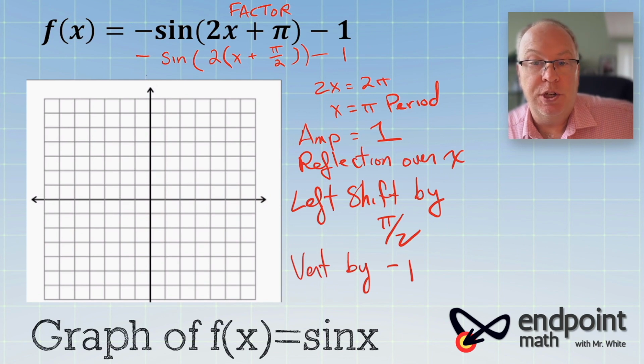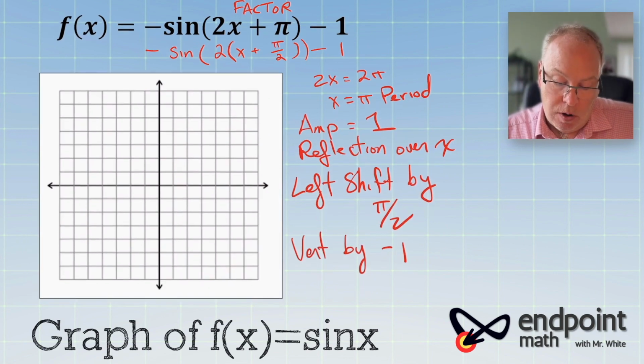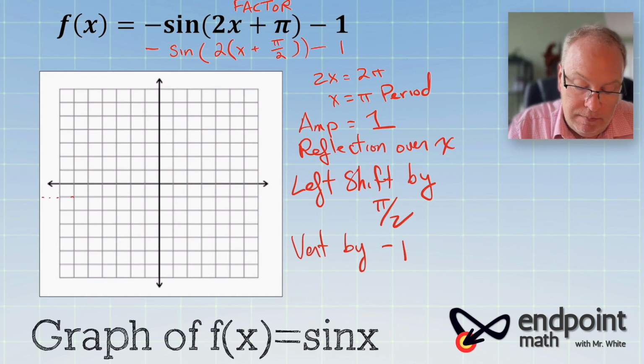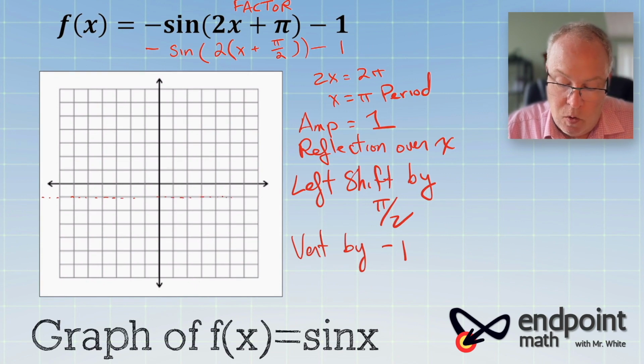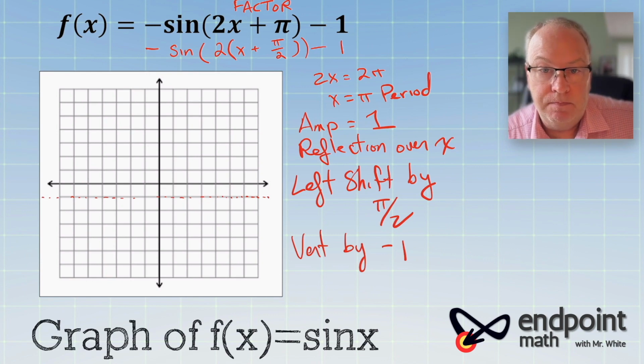So we're going to shift down by -1. So if you recall before, I suggested to you that you draw that midline. So here's the middle of my graph. So this is the first one in a while that was not the x-axis. So there's the midline.